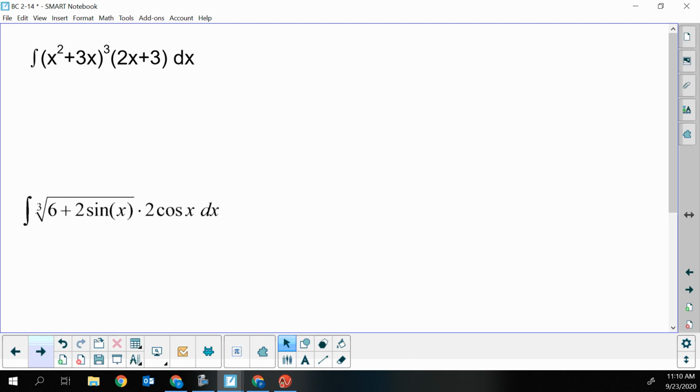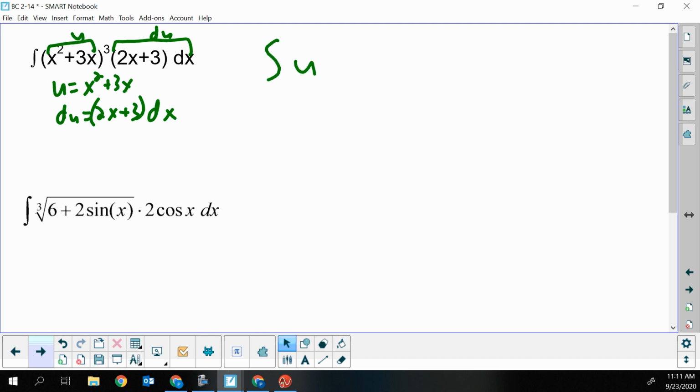All right, next one. Our function that's inside a function would be the x squared plus 3x, because that's a thing that is being cubed. So we'll let u equal that. So our du would just equal 2x plus 3 with the dx on the end. So this is going to become our du, and this inside is going to be the u. So now we'll just have the integral of u cubed du.